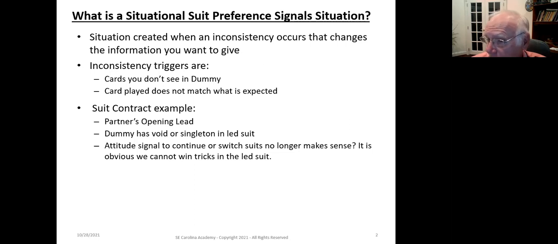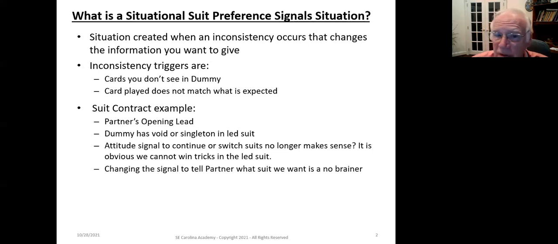It's a suit that our partner wants to develop, and it's asking us if we have complementing cards in it. When we see a singleton or a void in the dummy, and this is a suit contract, it changes the meaning of that. Instead of telling our partner about the suit that's been led, because it really doesn't make sense anymore, it's obvious that we cannot win additional tricks in that suit.